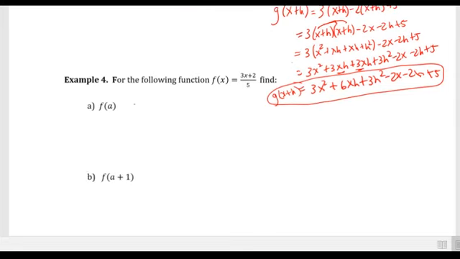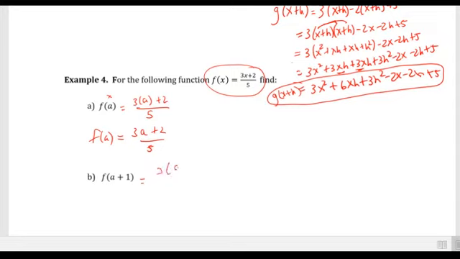Okay, let's try another example. So here we have f of x is equal to 3x plus 2, divided by 5. So anywhere I see an x, I'm going to replace it with a. So I get 3 times a plus 2 divided by 5. And 3 times a is 3a. And I cannot simplify any further since I don't have like terms. And then the last one here will be 3 times a plus 1 plus 2 divided by 5.